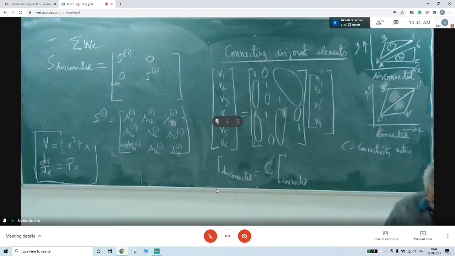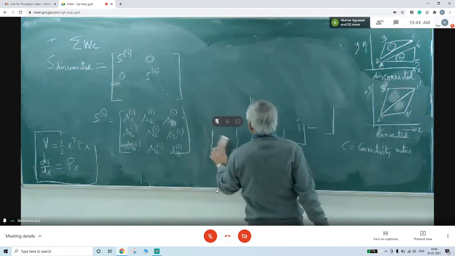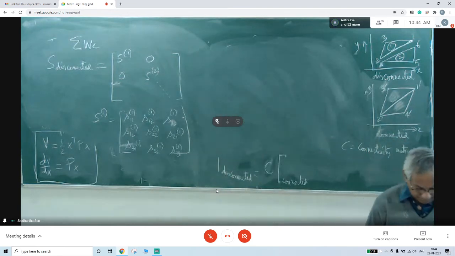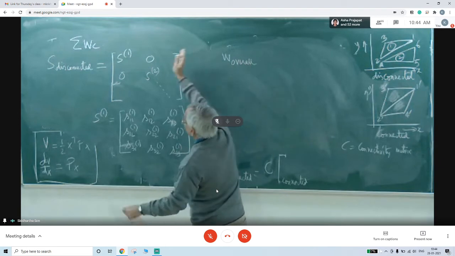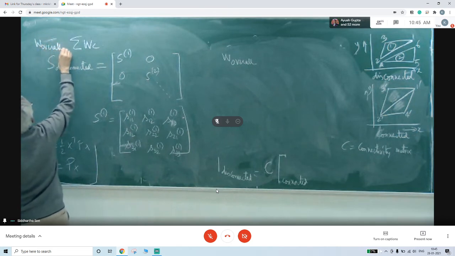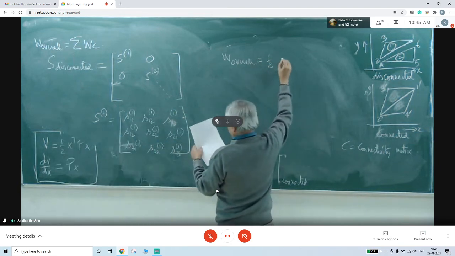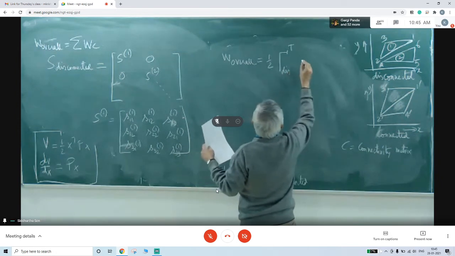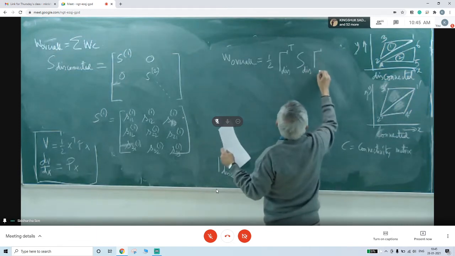So what we can say is that W overall, that means we are taking all of them, is half of lambda transpose disconnected, then S disconnected, and then lambda disconnected.